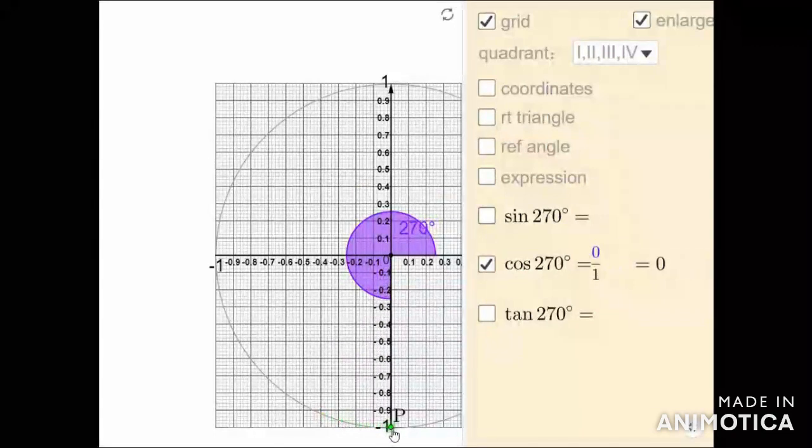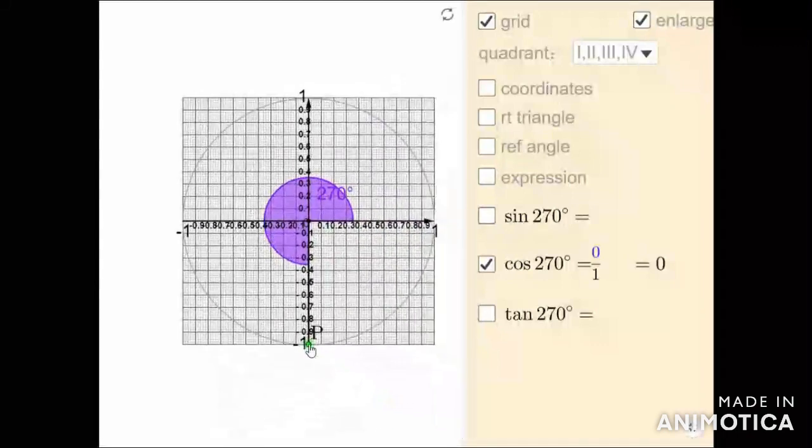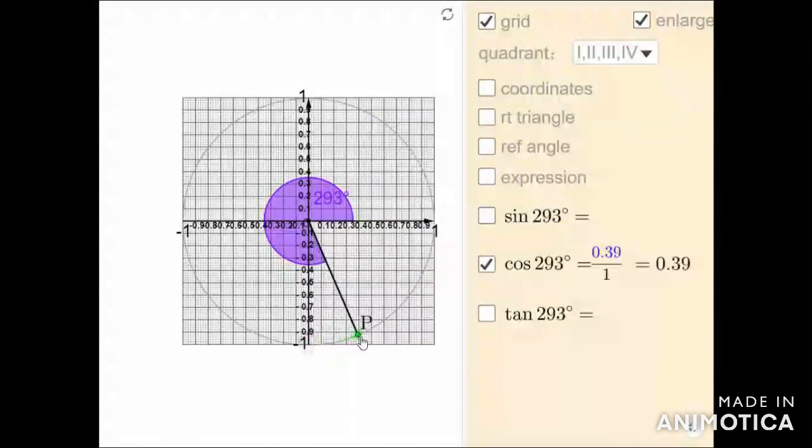When it is 270 degree, cos of 270 degree is equal to 0, and you can still increase the angle, and like this, the point is in the fourth quadrant.